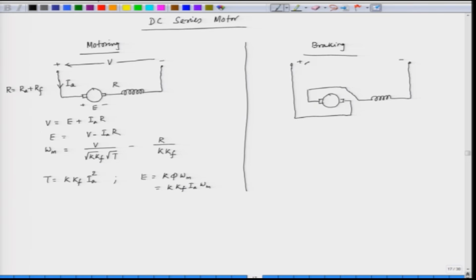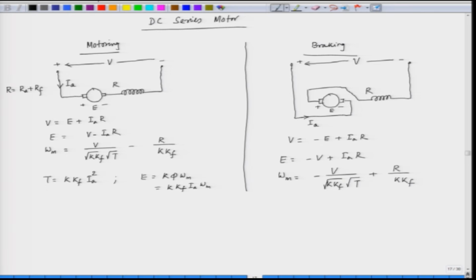So, this is the applied voltage V, and here we have the back EMF E and the total resistance is R. If we write down the voltage equation, V is equal to minus E plus I A R, or we can write down the equation for the speed, E is equal to minus V plus I A R, or omega m is equal to minus V by k k f under root T plus R by k k f. Now, this is the equation for the braking.